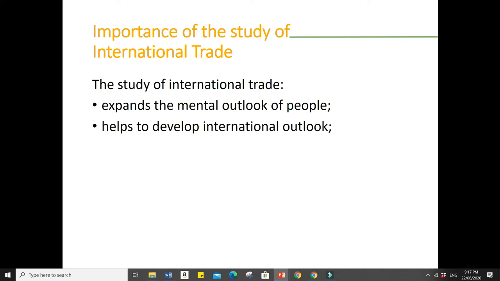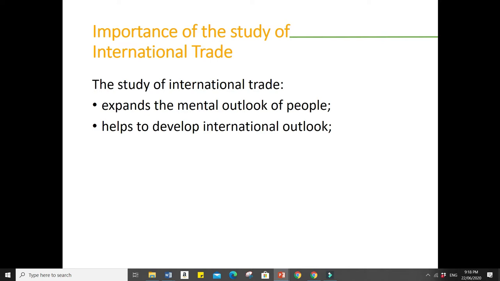The study of international trade basically helps statesmen and economists to enlarge their international outlook for resolving several problems of the economy, like for example, poverty, misery, or low standard of living, and of course, unemployment.